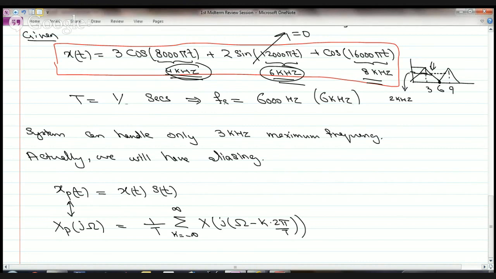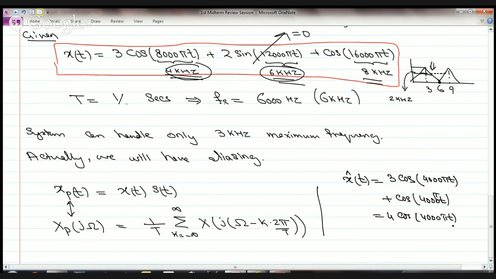So what you get is, your output x hat of t is going to be 3 cosine of 2 kilohertz, that's 4000 pi t, plus cosine of 2 kilohertz, which is 4000 pi t, which is equal to 4 cosine of 4000 pi t.